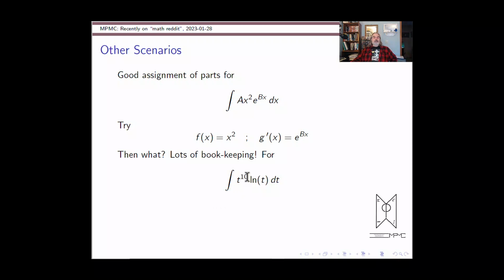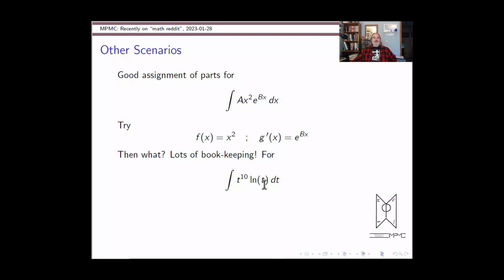Well, no, because trading t to the 10th for its derivative through integration by parts will require us to trade natural log of t for its antiderivative. And what is the antiderivative of natural log of t? Well, if you don't know it, the way you find it is through integration by parts. So this is a little bit counterintuitive.